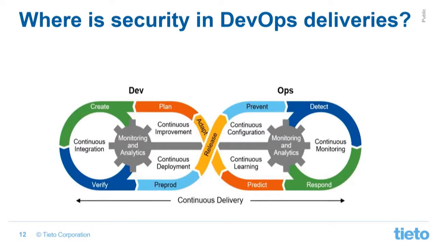I had an interesting discussion with one of our customers' lead developers, asking how do you see the security in your DevOps solution? Where is it actually? And he said that, well, it is not there. And okay, why? Well, we are not measured by security.